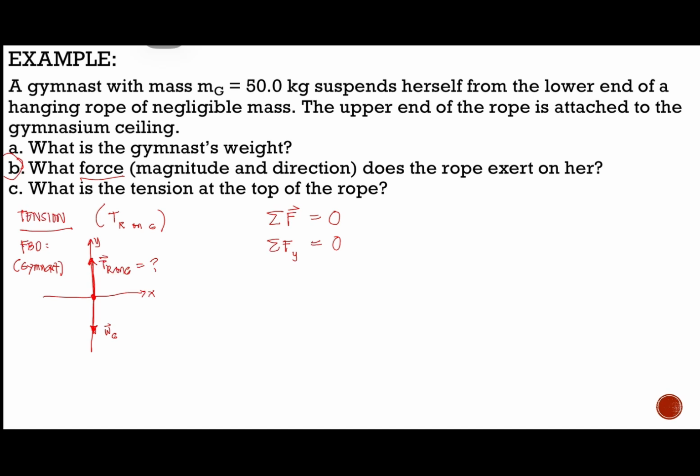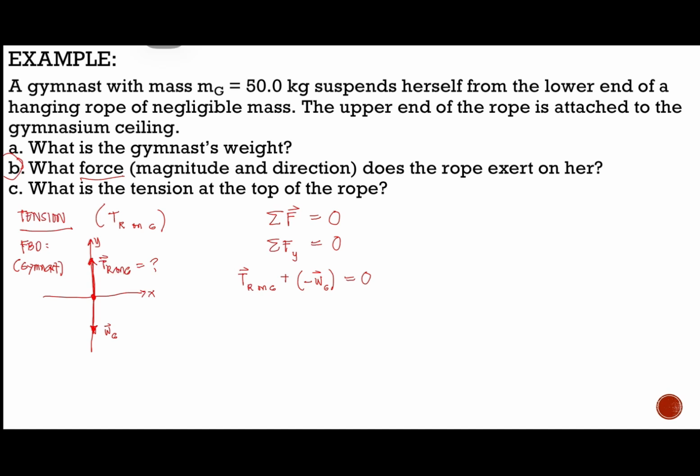So what we will write next is, the sum of all forces are, we have the tension force that the rope exerts on the gymnast plus the negative of the weight of the gymnast equal to 0. First, the sum of all forces along the y.